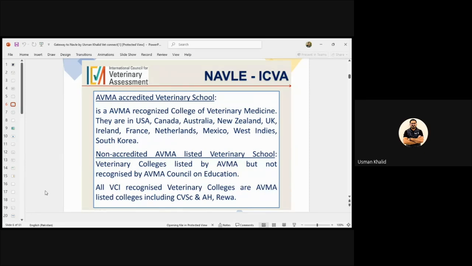There are two types of schools, accredited and non-accredited. Accredited schools means they are from USA, Canada, Australia, because people are coming here to USA from different countries, from Australia and those places, and they are just passing the state exams, or they have already passed NAVLE, and they can practice here easily.